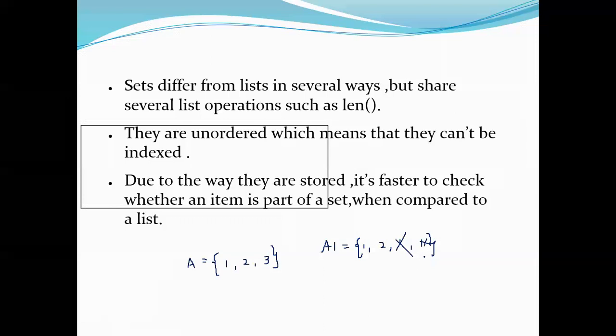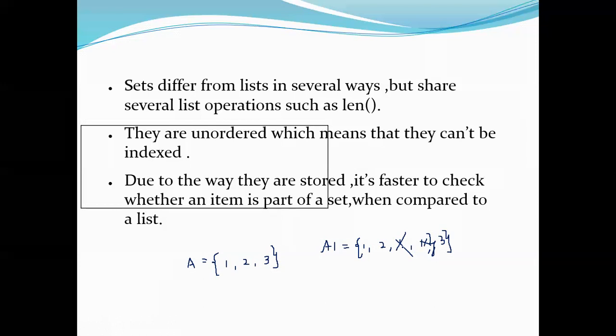Now, for example, assume I have 1, 2, 1, 1, and another element 3 is also present. Initially, during the entry process, I know that 3 is at index 4. Now the set will perform some operations to remove the duplicate data items, and 3 automatically comes to the second index.